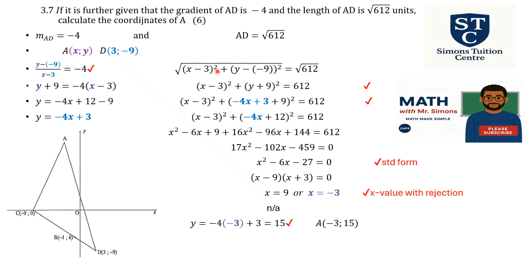It becomes (x minus 3) squared plus (y plus 9) all squared equals 612. Now you see I have two variables, x and y, or two unknowns. So I have to get rid of one of the unknowns. In the place of y, I place -4x plus 3, plus 9 equals 612. So I'm left with (x minus 3) squared plus (-4x plus 12) squared equals 612.